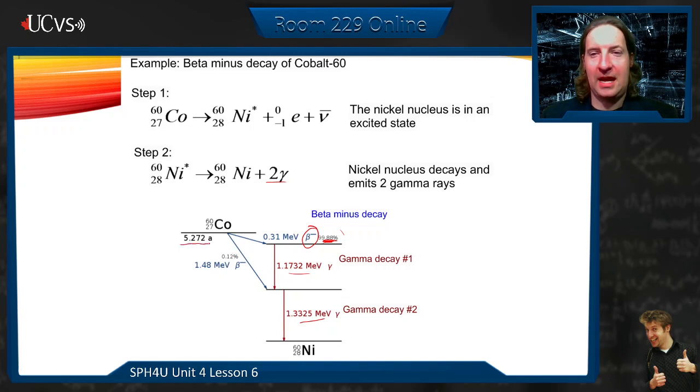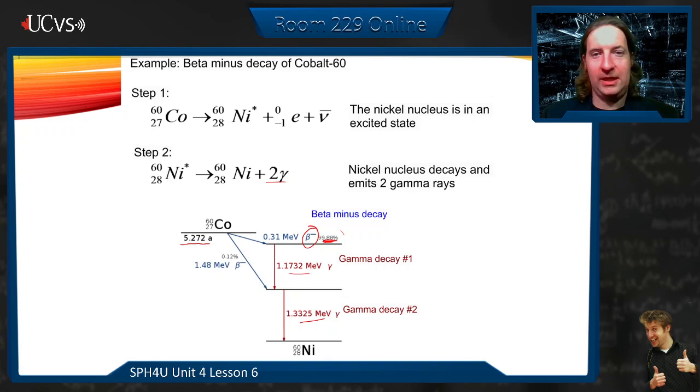It has a half-life of 5.3 years. So if I have a kilogram of it, in 5.3 years I'll have 500 grams. In another 10.6 years, I'll have 250 grams. So every 5 years, half of the stuff is gone.